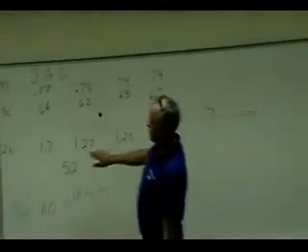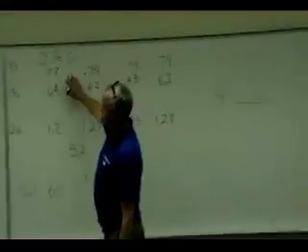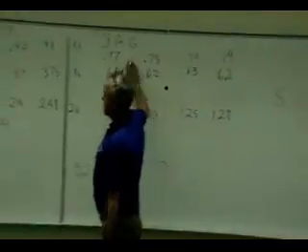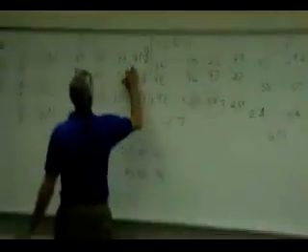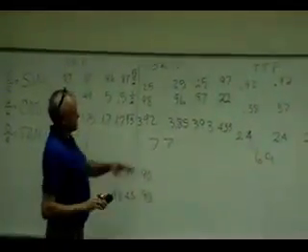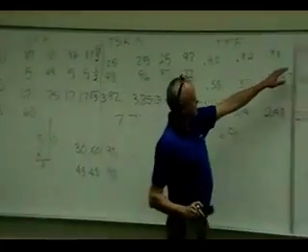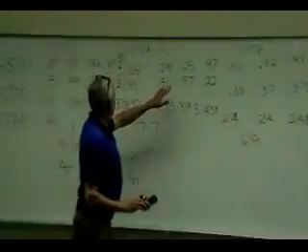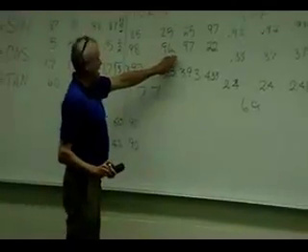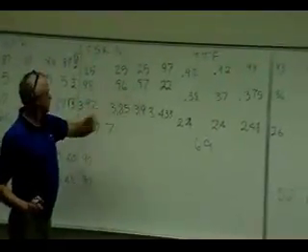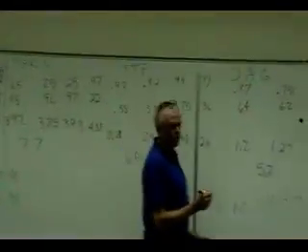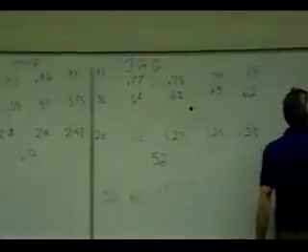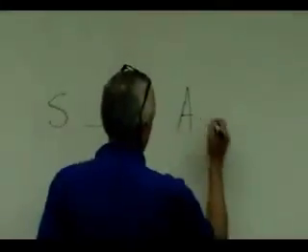So the 52 has this sine, the 60 has this sine, the 69 has this sine, and the 77 has this sine. What happens to the sine as you get bigger? The sine, so bigger angle, bigger sine.